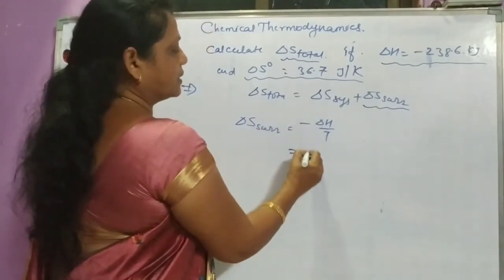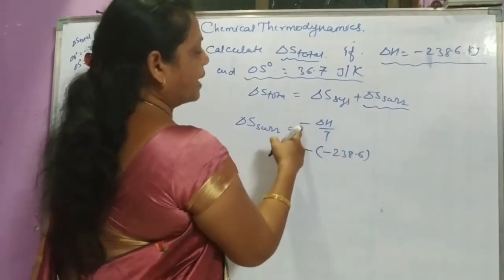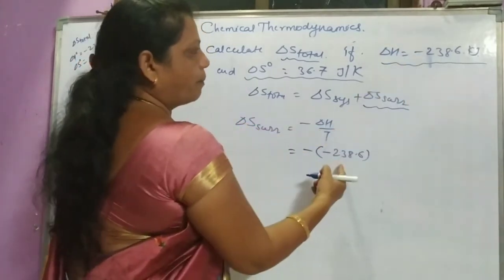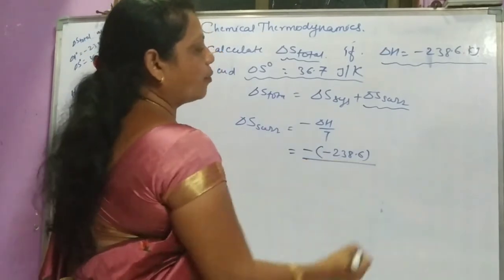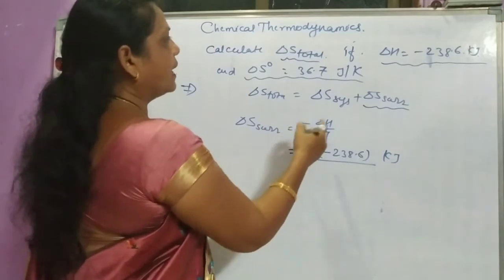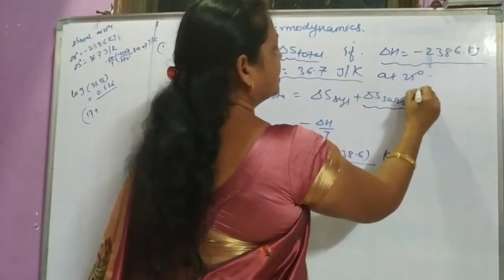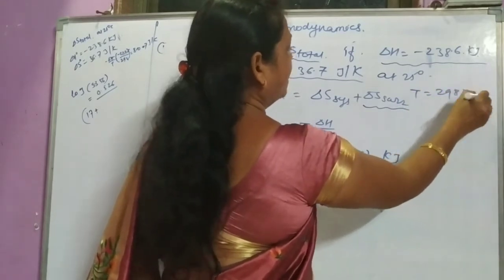So minus of minus 238.6 kilojoule, which is plus 238.6 kilojoule, divided by the temperature, at 25 degrees Celsius means 298 Kelvin.